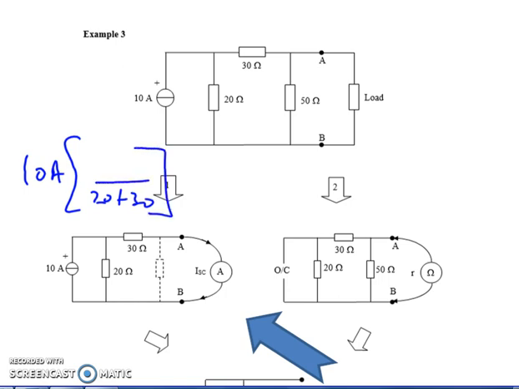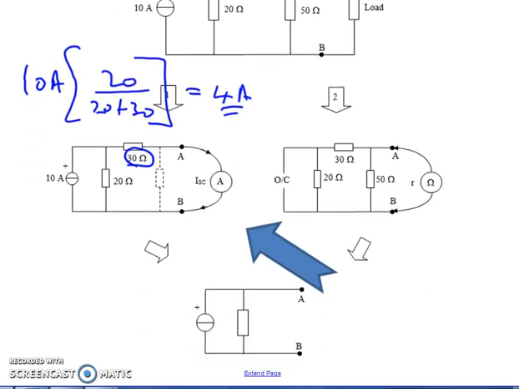I want the current passing through the 30 ohm resistor, so I put the 20 on top. 20 over 50 is 0.4, 10 times 0.4 is 4 amps. So that's a 4 amp constant current generator. Let's put that in our equivalent circuit down here.